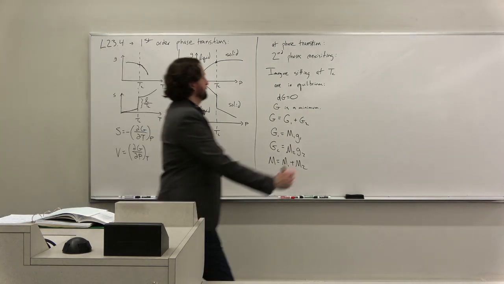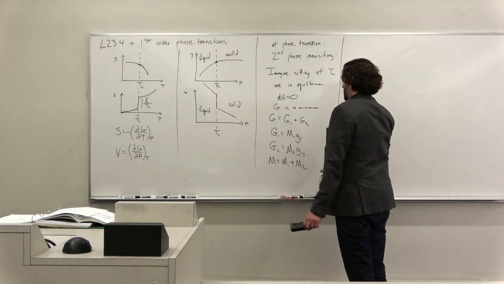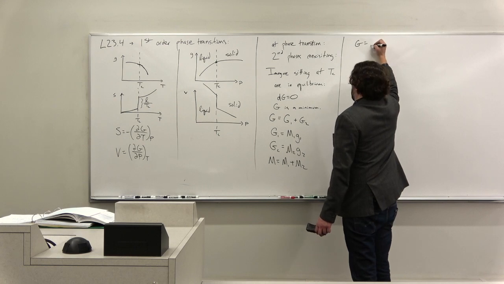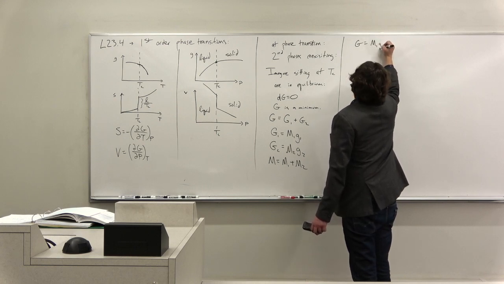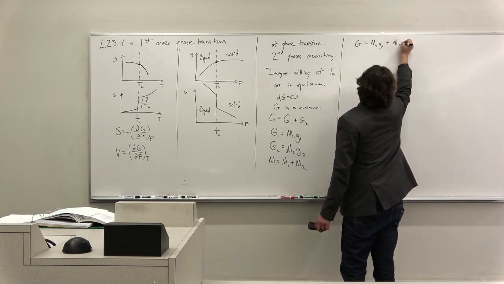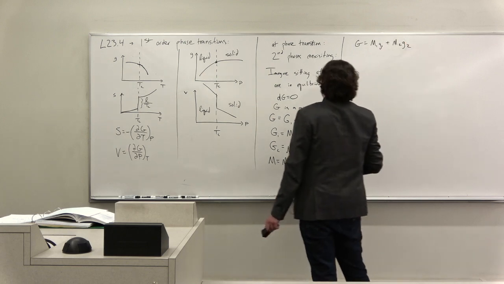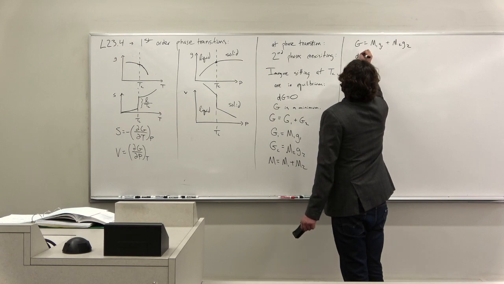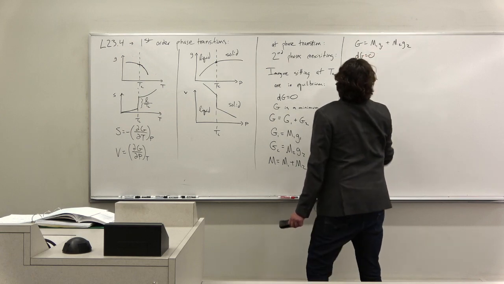Okay, so let's imagine what happens. If we write G as M1 g1 plus M2 g2, and we're sitting at Tc at equilibrium, dG equals 0.